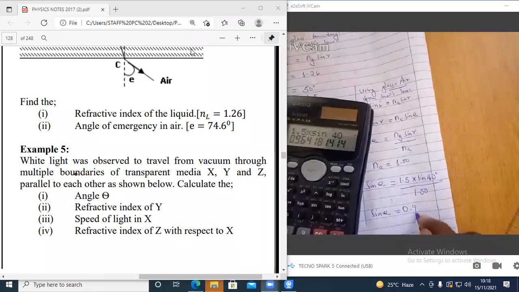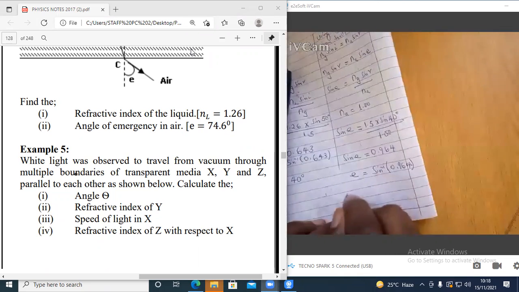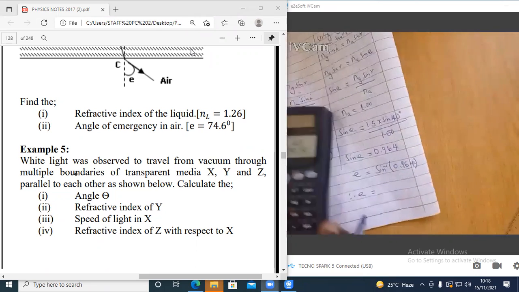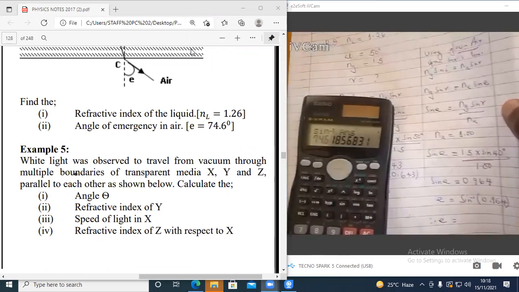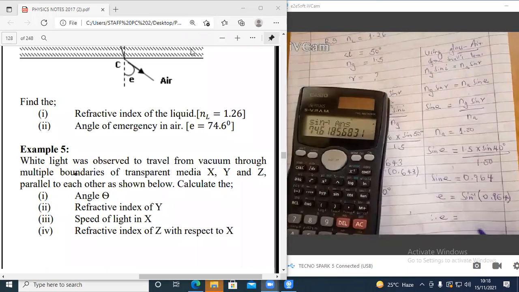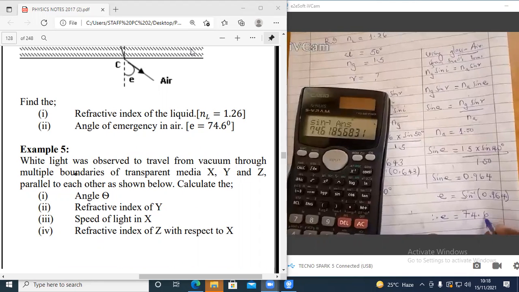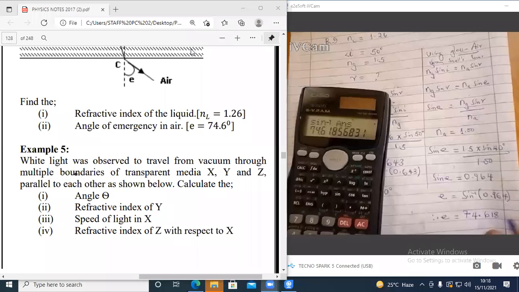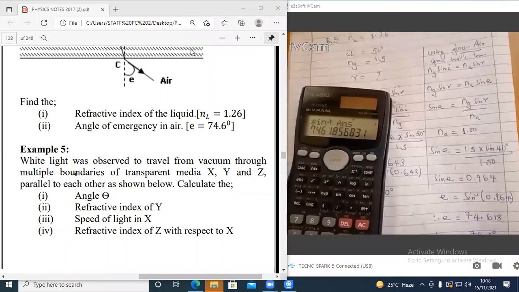So sine E is 0.964. Which means E will be equal to the sine inverse of 0.964. Therefore E is 74.618. If you put it to 1 decimal place, our angle will be 74.6 degrees.